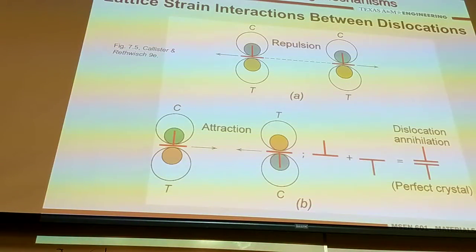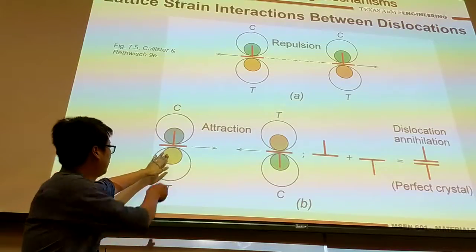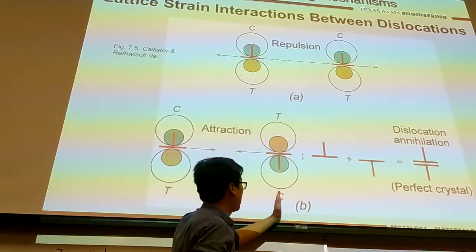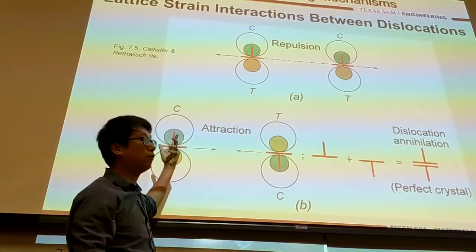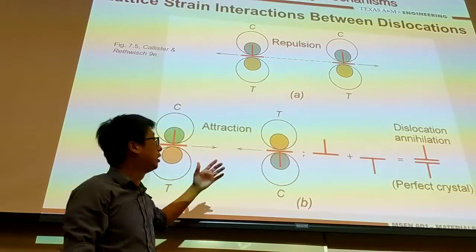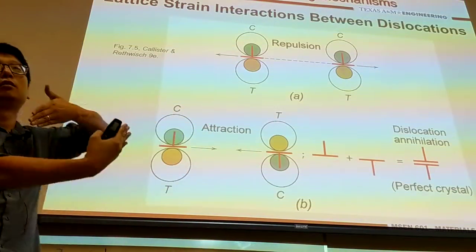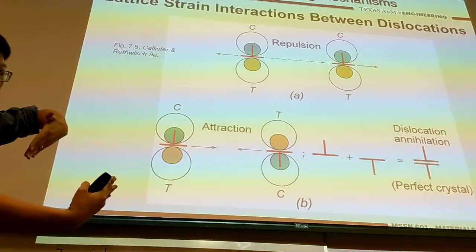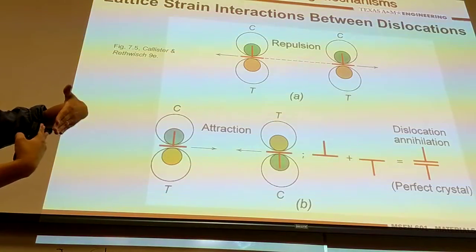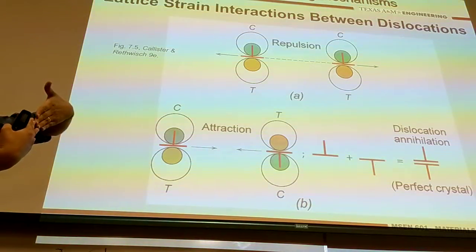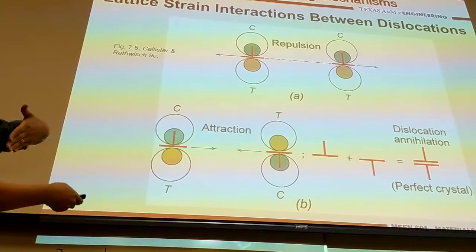There's another possibility: on the upper plane you have a half atomic plane, and here you have another half atomic plane. In this case, they have opposite stress, and these are actually attractive. So with a half atomic plane here and a half atomic plane here, if it's a perfect line, they will move towards each other through this attraction.